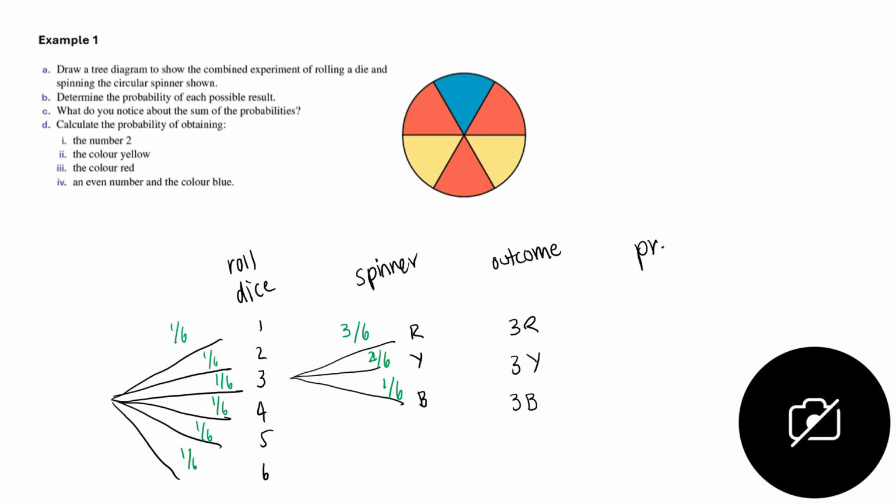The probability of those occurring, we have a 1 in 6 times 3 in 6 chance, which is a 3 over 36. We then have a 1 in 6 times 2 over 6, which is a 2 over 36 chance. And we have a 1 in 6 times 1 in 6 chance, which is a 1 over 36.